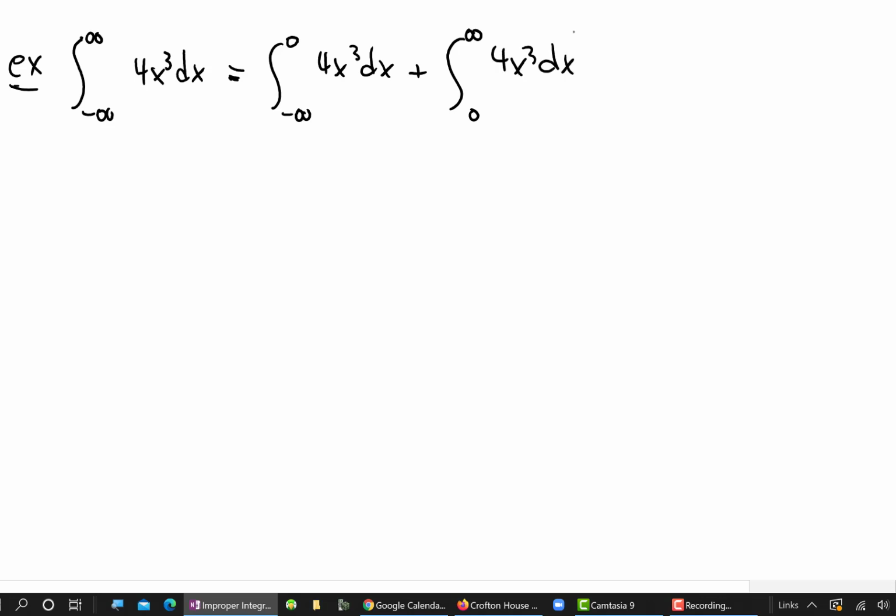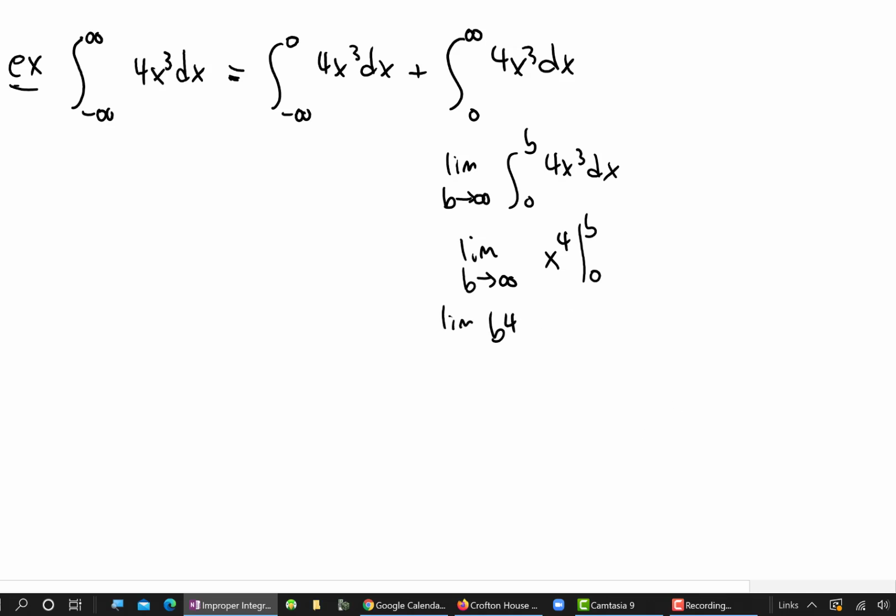However, if we do that, we will find that the limit as b goes to infinity of the integral from 0 to b of 4x cubed dx, well, the integral is x to the fourth evaluated from b and 0, and we apply the limit as b goes to infinity and substitute in the b to the fourth and apply the limit again as b goes to infinity.